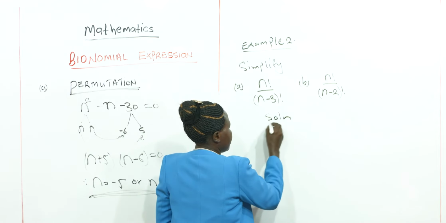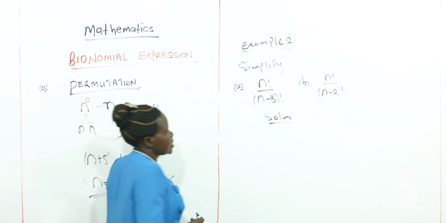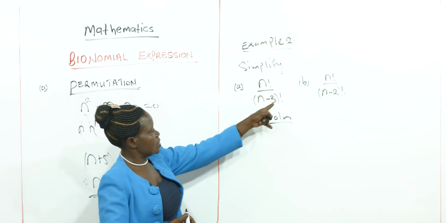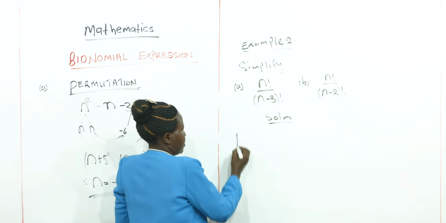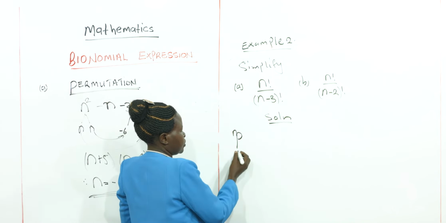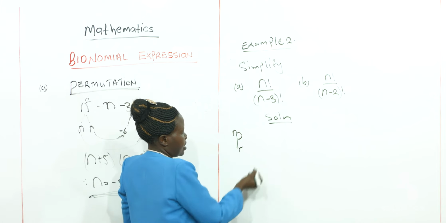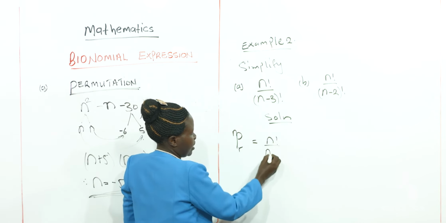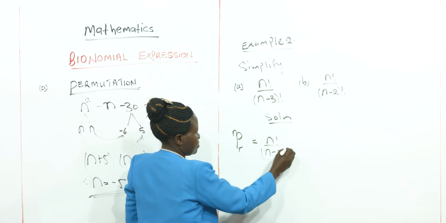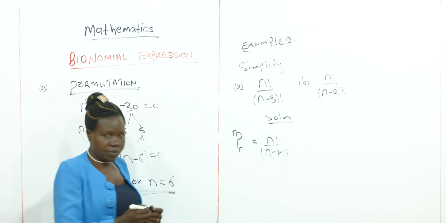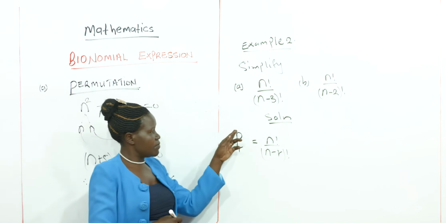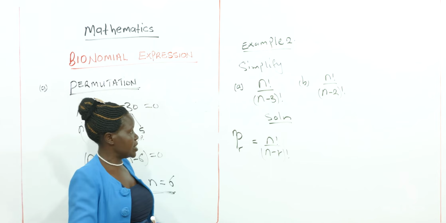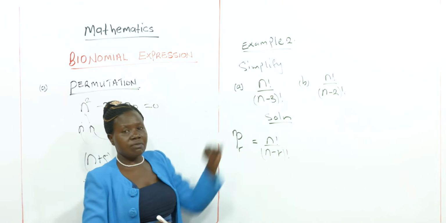We all know that our permutation is given as nPr, which is the same as n factorial over n minus r factorial. So at this moment, we don't know the value of n, but we know the value of r. And the value of r here is 3.